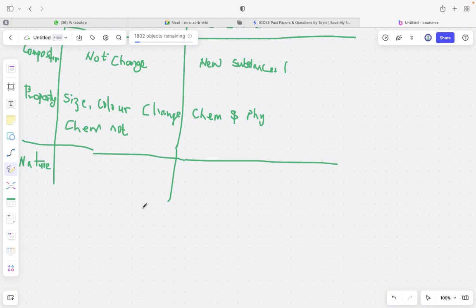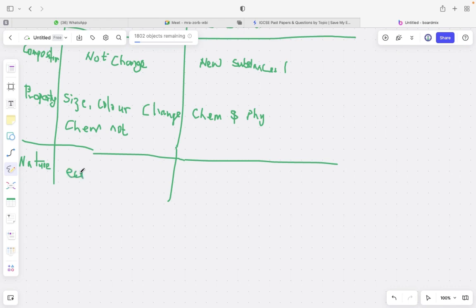In terms of nature of change, we will say that physical changes can easily be reversed. The original substance can be recovered in a physical change. So you can say easily reversible.